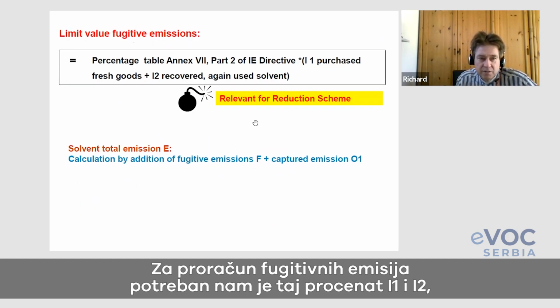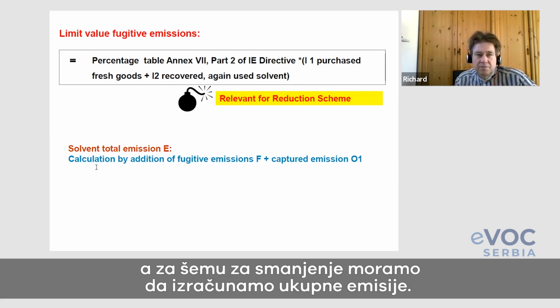The calculation for the fugitive emissions, we need that percentage of I1 and I2. And for the reduction scheme, we need to calculate the total emissions.